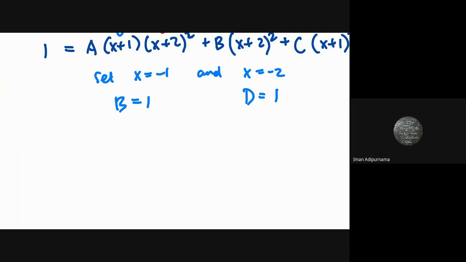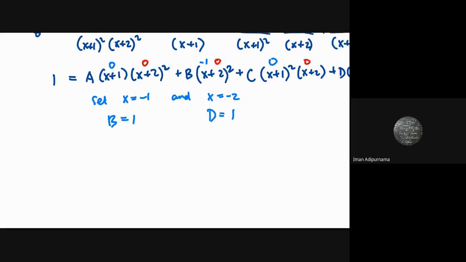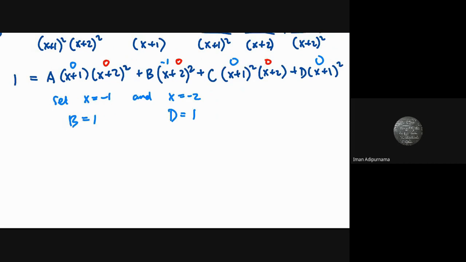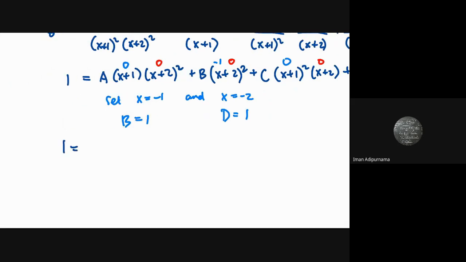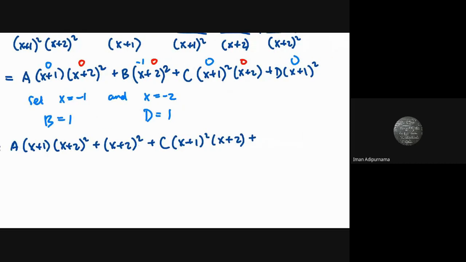We can find A and C by solving this first. So we solve this first: A times x plus 1, this will be x plus 2 squared, this will be x plus 1 squared.